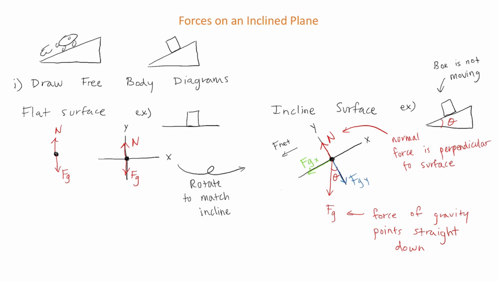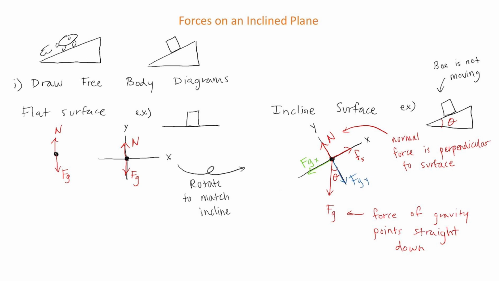But I said this box is not moving. So what force is preventing the motion of this box down the inclined plane? Well, that would be static friction. So we could draw the static friction force right along the x-axis.